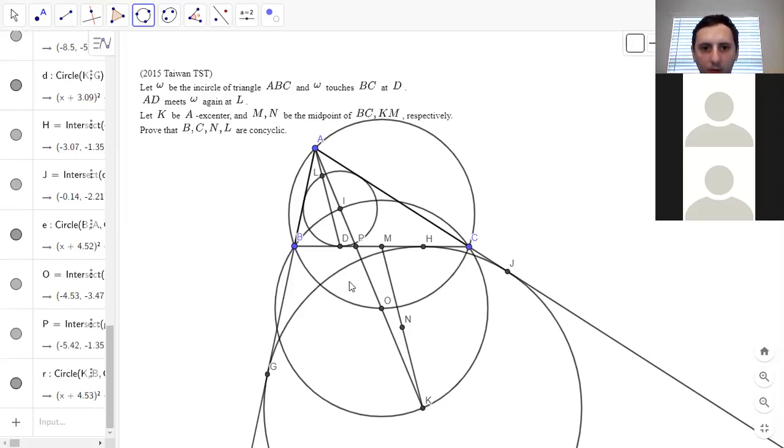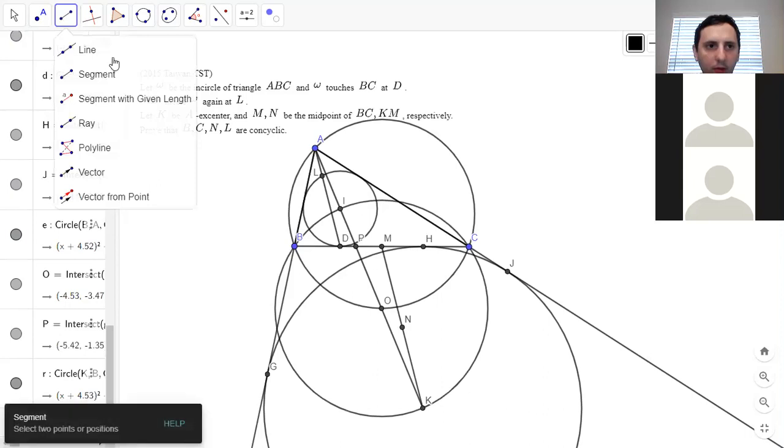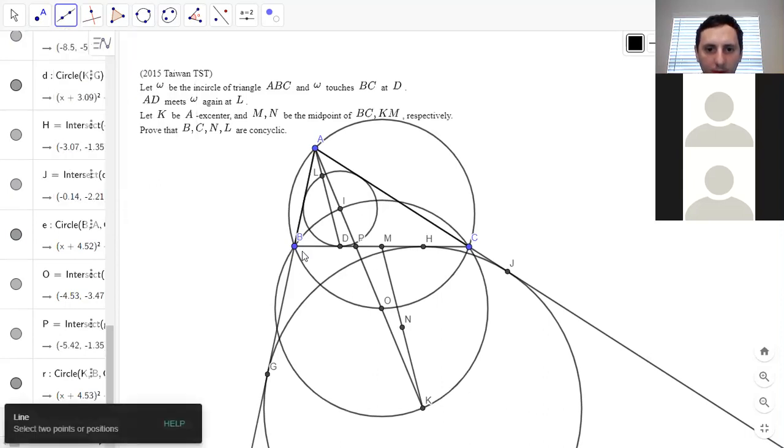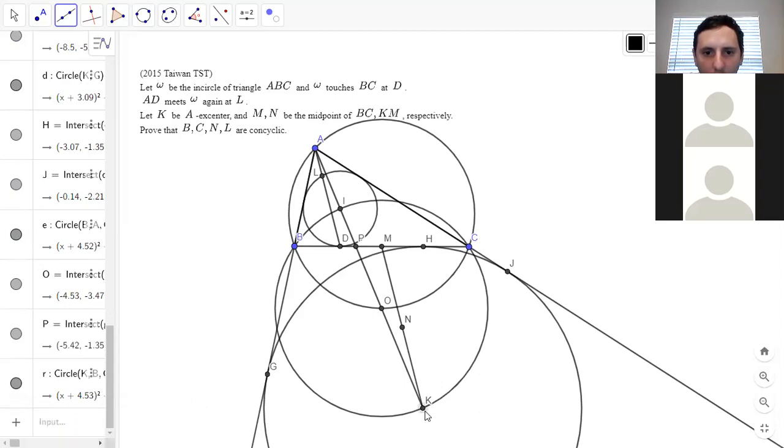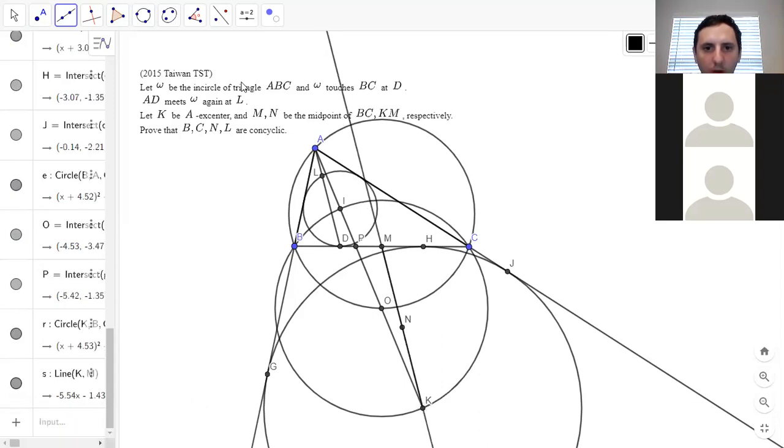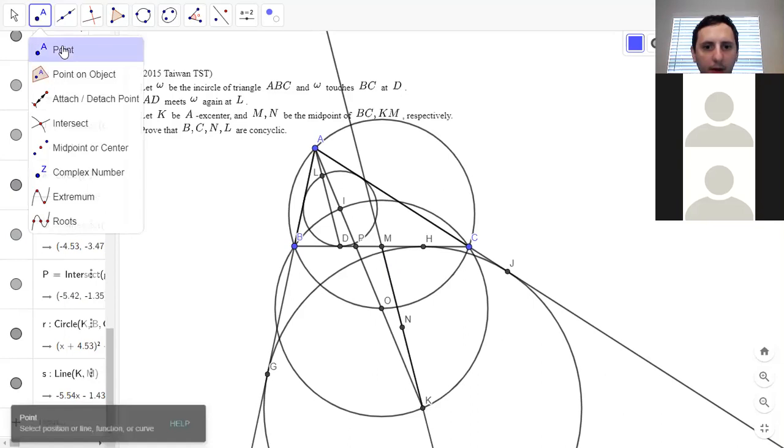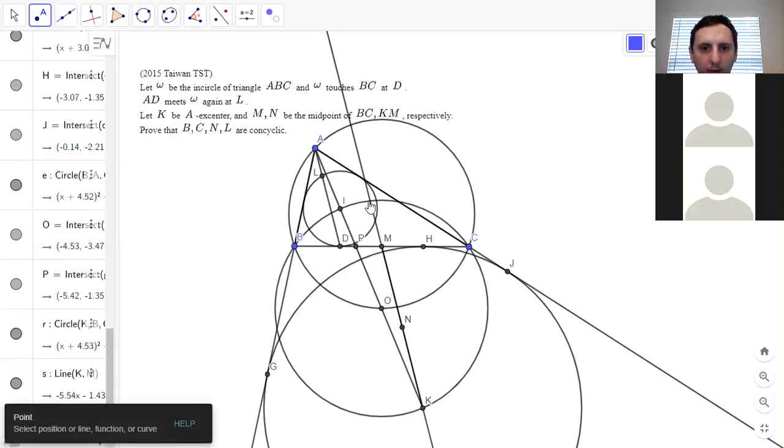So let's see where KM meets that circle. So let it meet it at this point.